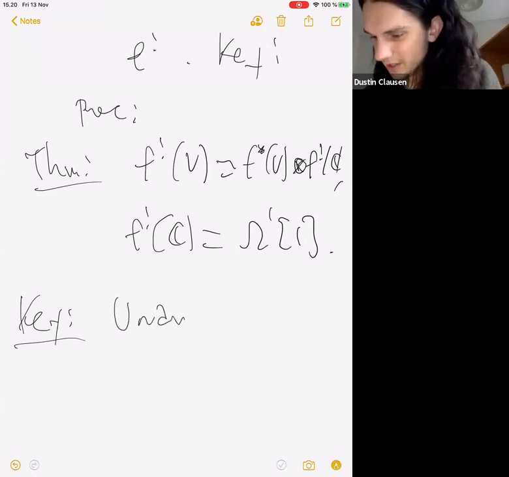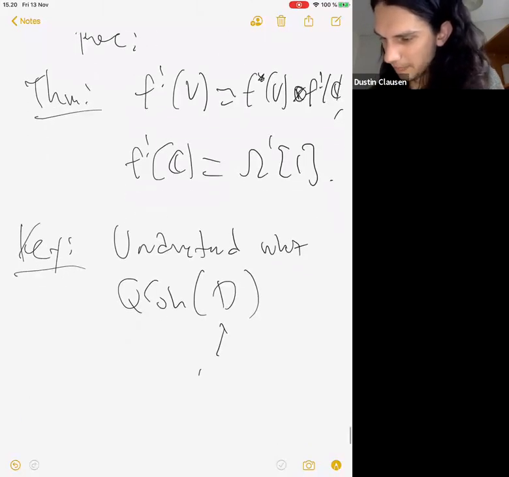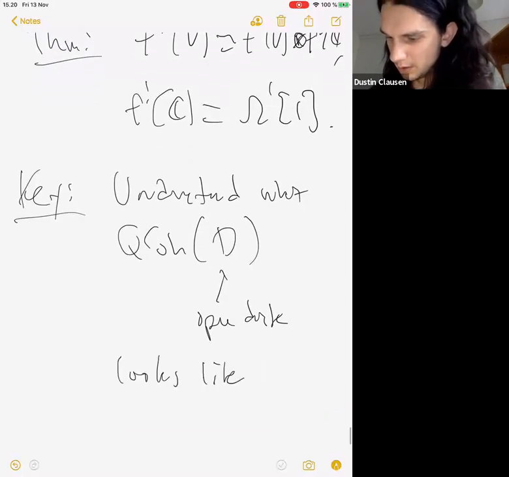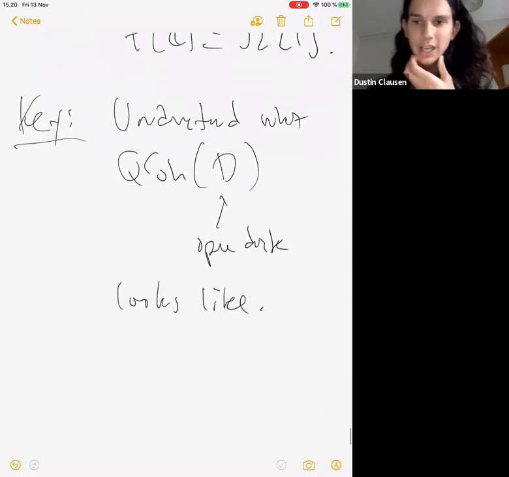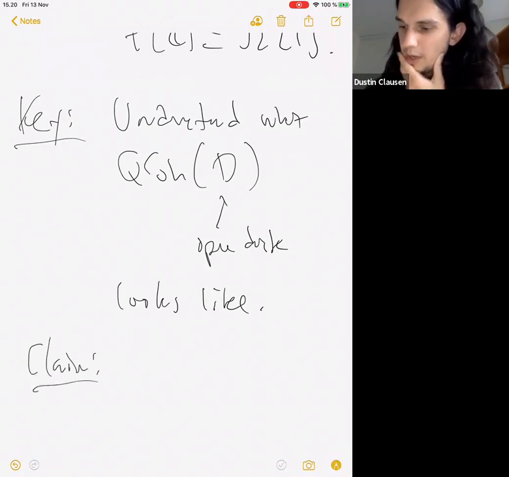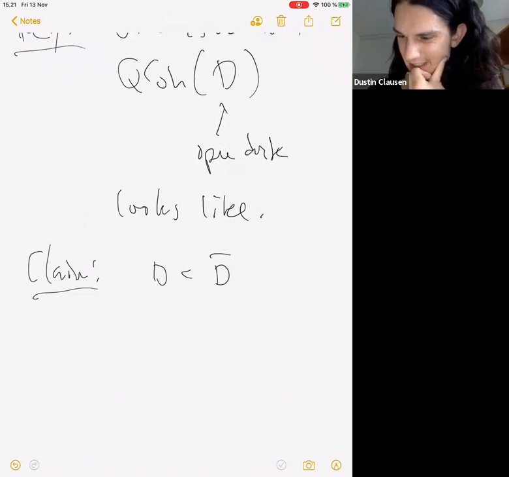So the key is to understand what quasi-coherent sheaves look like on an open disk D. And the claim is, well, I still want to phrase it in terms of a closed disk. So I'll put D inside a closed disk, D hat.